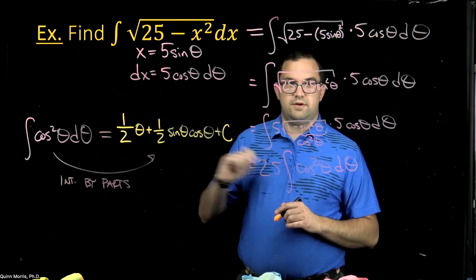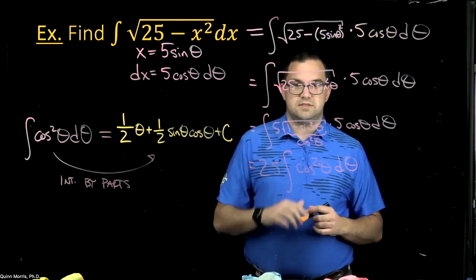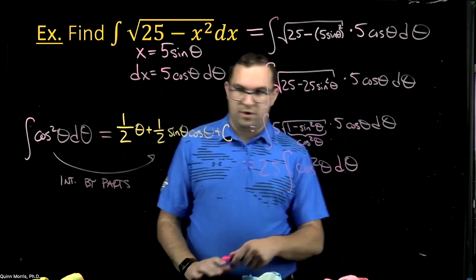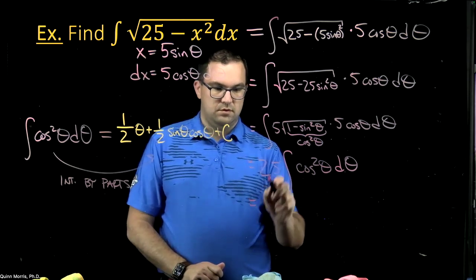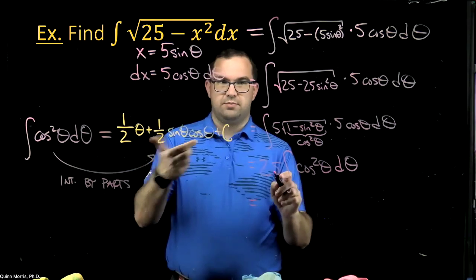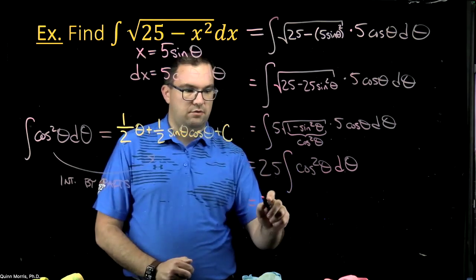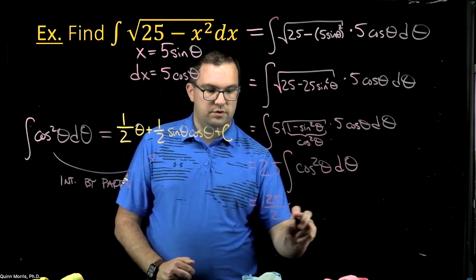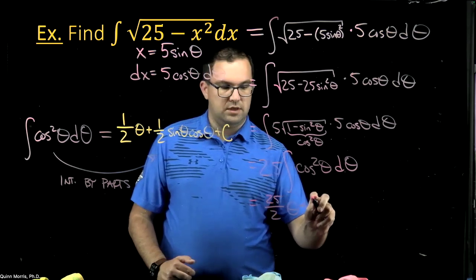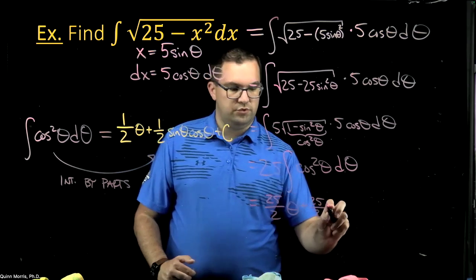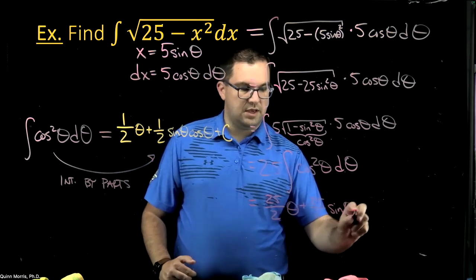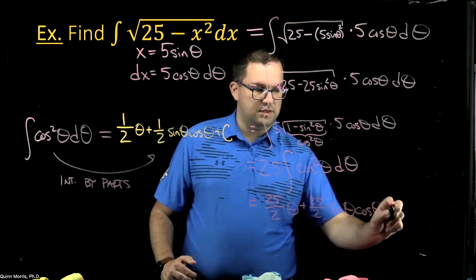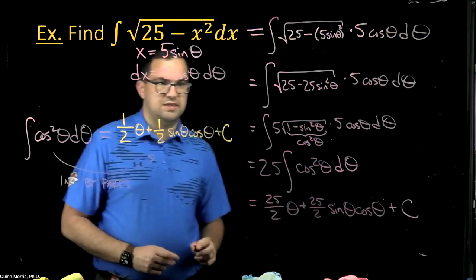And so there it is. Now we can substitute this back into our problem. Multiplying this whole expression by 25, I get 25 over 2 times theta plus 25 over 2 times sine of theta cosine theta plus the constant c.